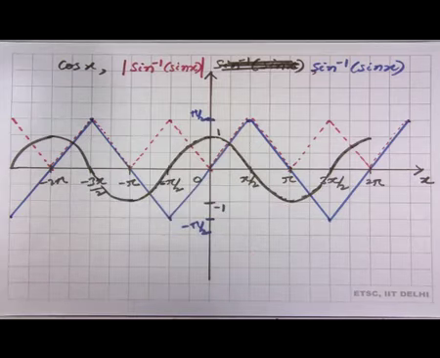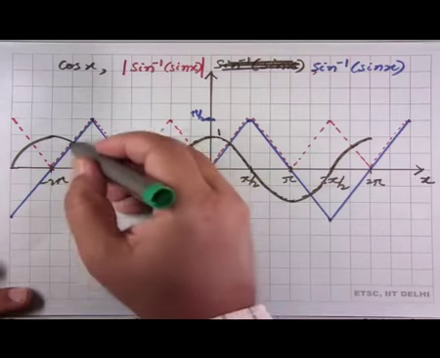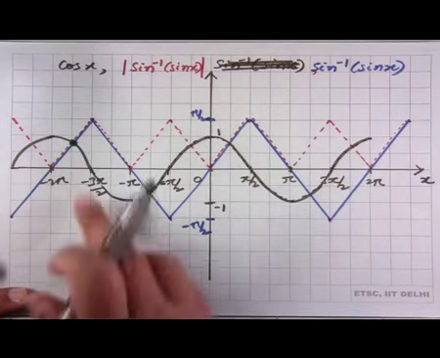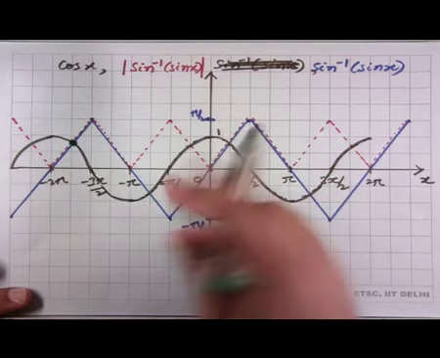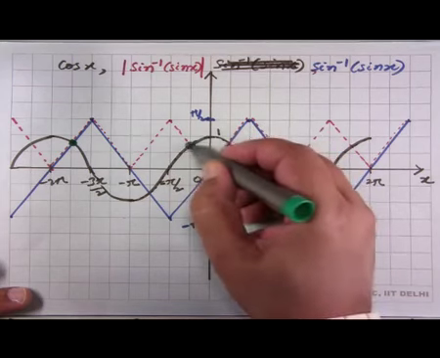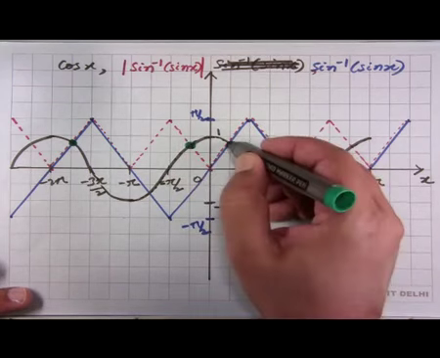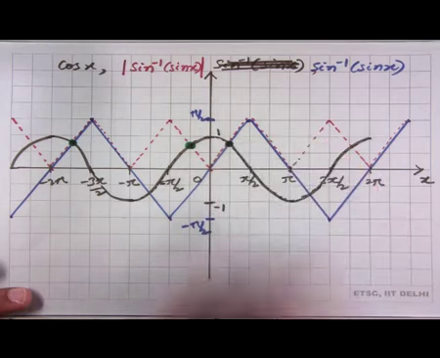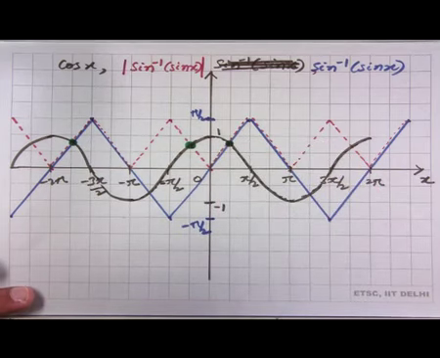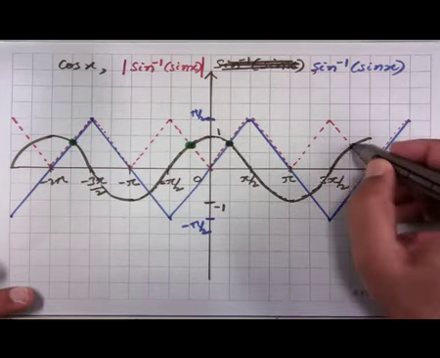So, the first place is over here, and then the second place is here, and then immediately we get another point over here, and then we get the last point over here.